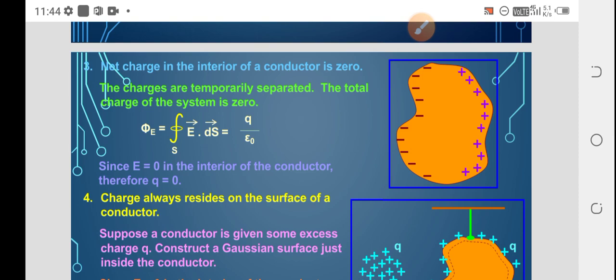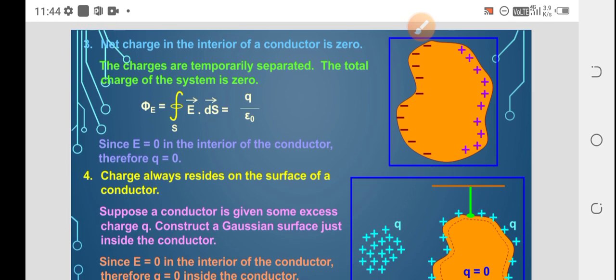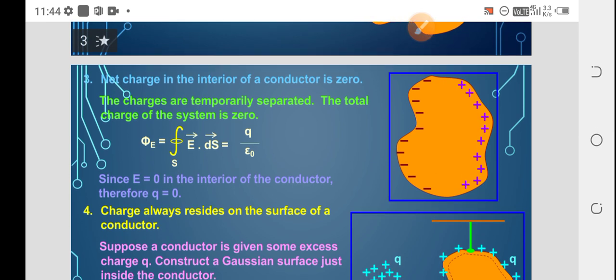That's the reason for phi equal to the integral of E dot dS, where E is the field and dS the surface, and phi is the flux. From Gauss's concept, it is Q by epsilon naught, where Q is the charge and epsilon naught is the permittivity of free space. Since E is 0 in the interior of the conductor, Q is also 0. So inside the conductor the net charge is 0.